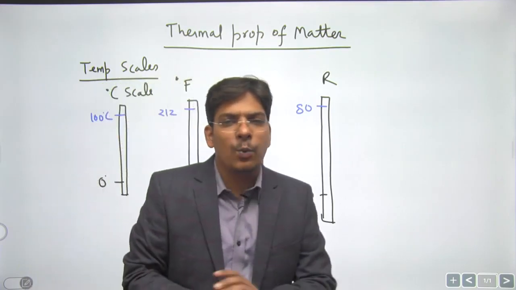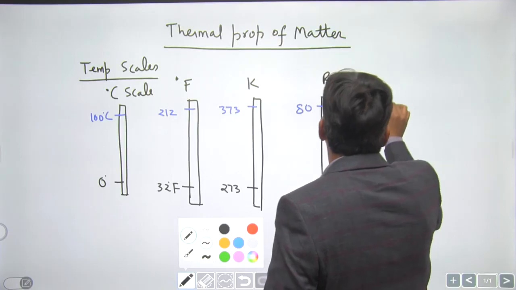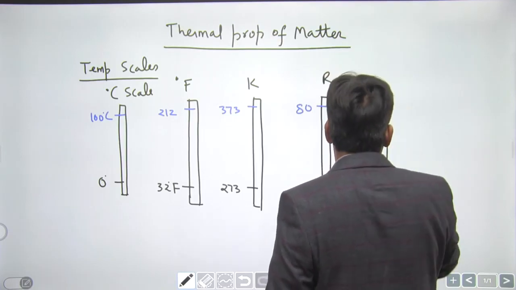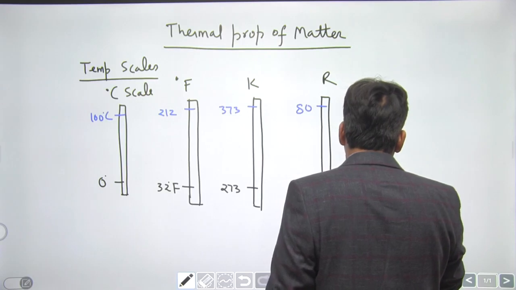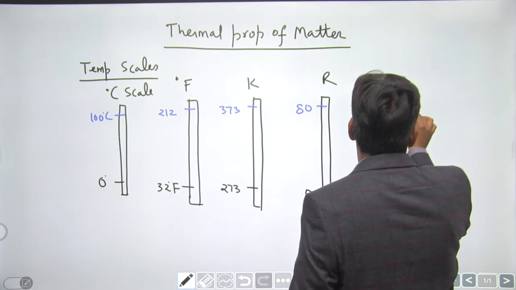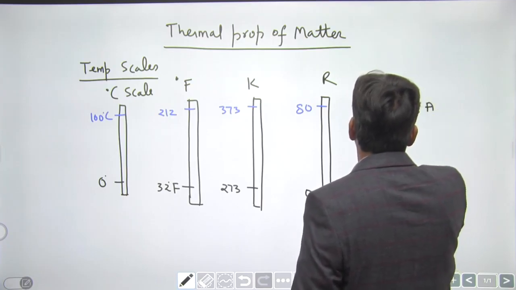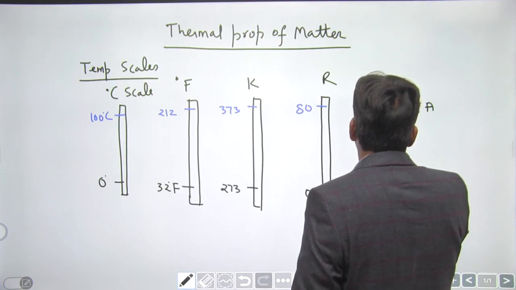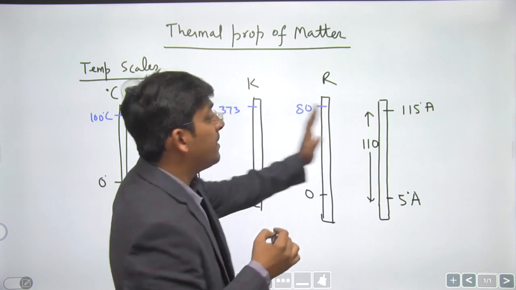Suppose you get a question in which they say you have to design a thermometer of your own, in which 5 degree A is the ice point, and say 115 degree A is the steam point, the number of divisions being 110, and they ask you to calculate the value of body temperature on this scale.